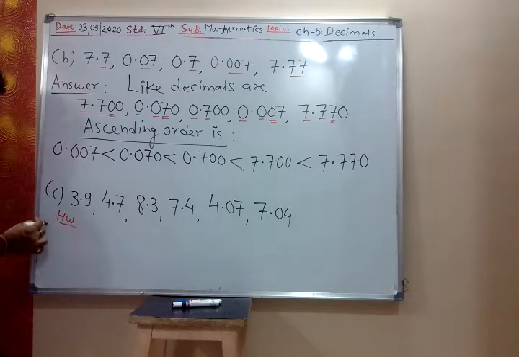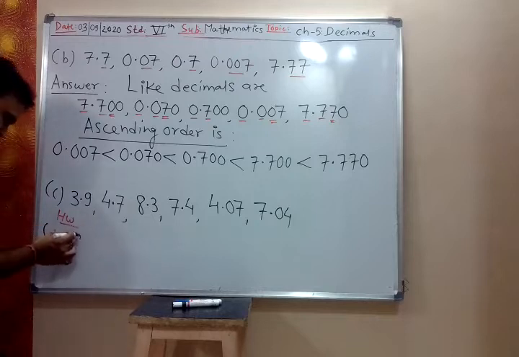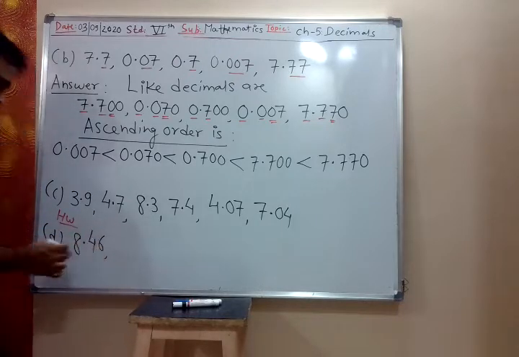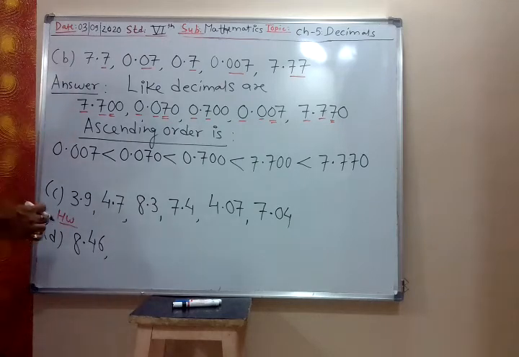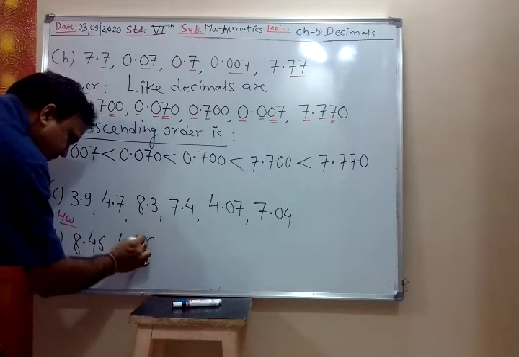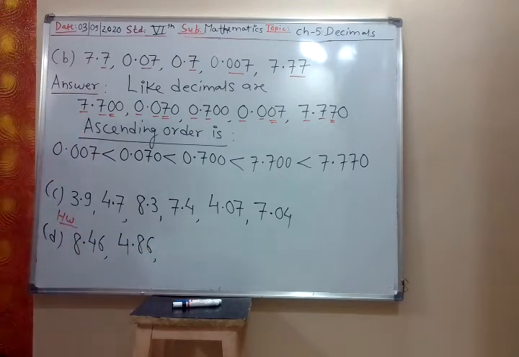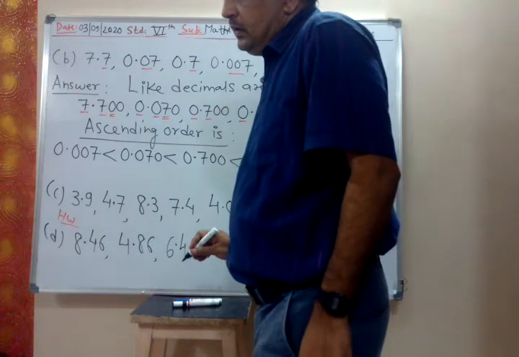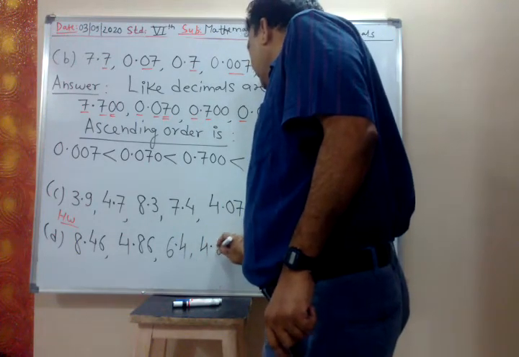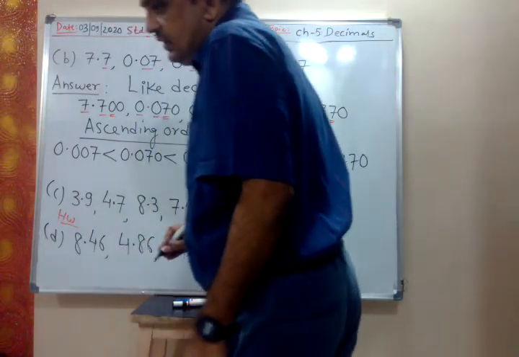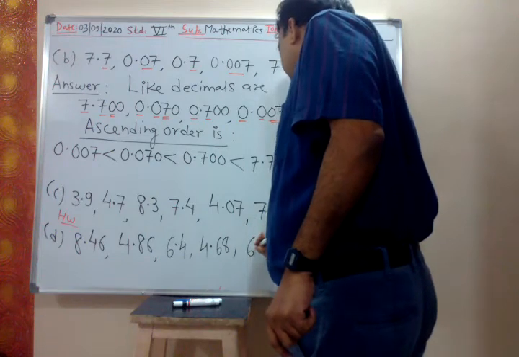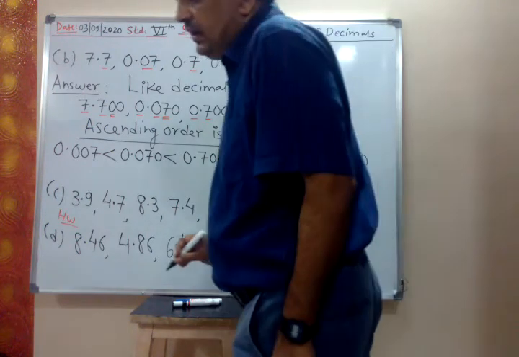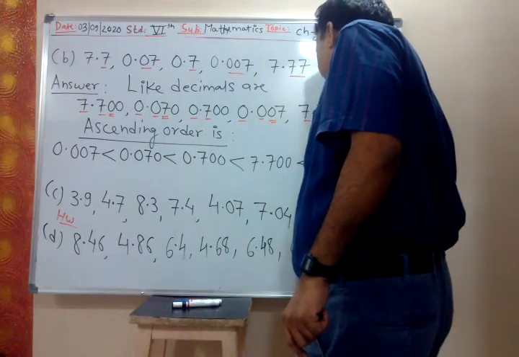Then D, let me write D also. 8.46, then 4.86, then 6.4, then 4.68, then 6.48, and last is 6.68.